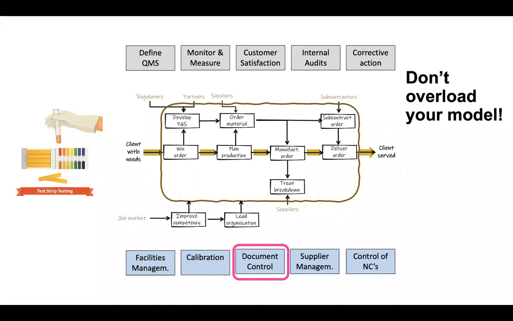Or control of non-conformities, which will be indicators regarding ordering material, planning manufacturing orders or subcontracting orders. This is my opinion. I never forget the phrase: all models are wrong, some are useful. If it is useful for you, okay.